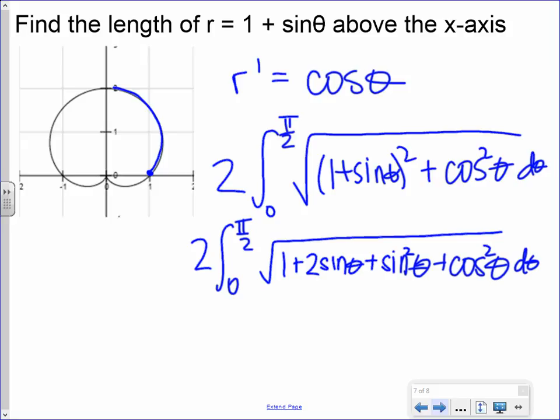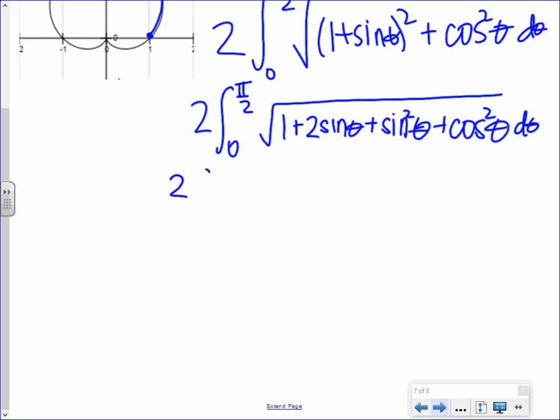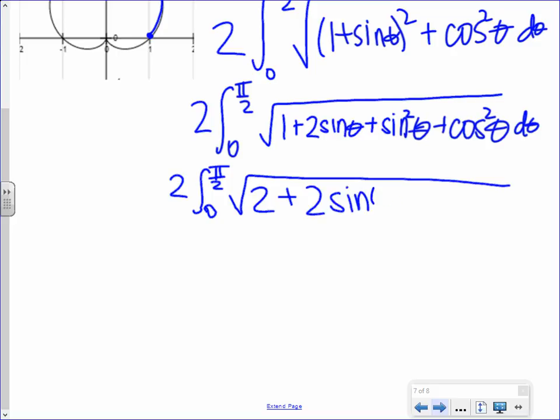What happens? Sine squared plus cosine squared is 1. Technically, we can factor out a radical too.